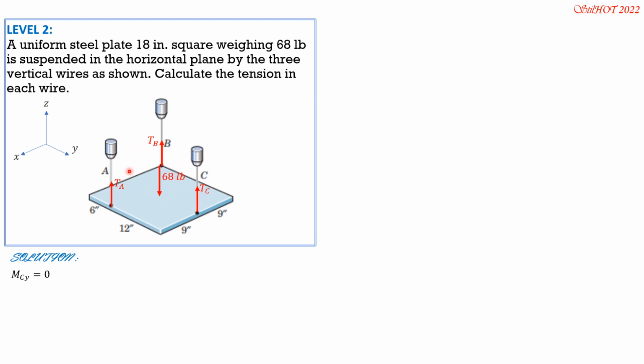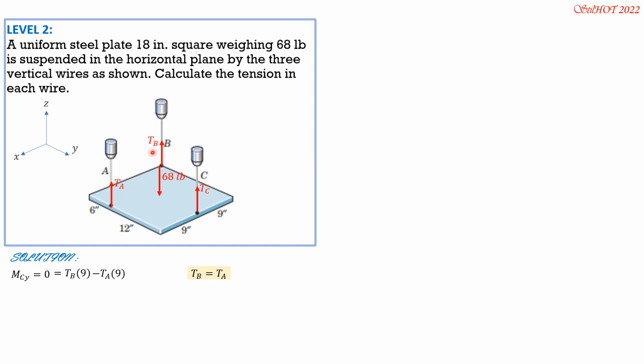So therefore tension B is positive, equals tension B times 9 because this axis is this one, 9 inches, minus tension A also times 9 because this is 9. Therefore tension A equals tension B, or tension B equals tension A.